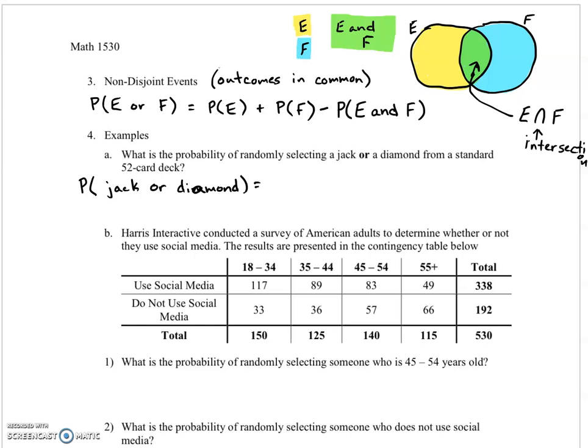By the formula, because these are non-disjoint, they do have an outcome in common, and that is one card, which is the Jack of Diamonds.